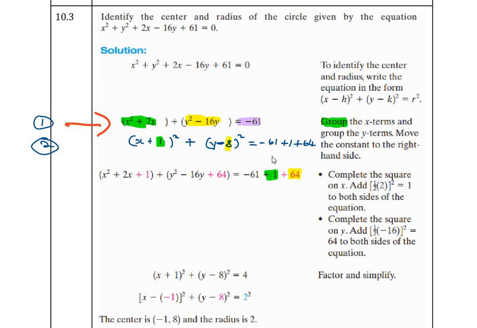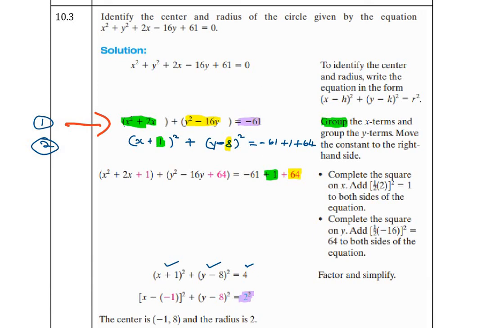Okay, and now we can just put makeup on again. Just make it nice and simplify it. So that's x plus 1 squared plus y minus 8 squared. And if I add my right-hand side, I'm going to get 4. And please, please, please remember that this is the radius squared.